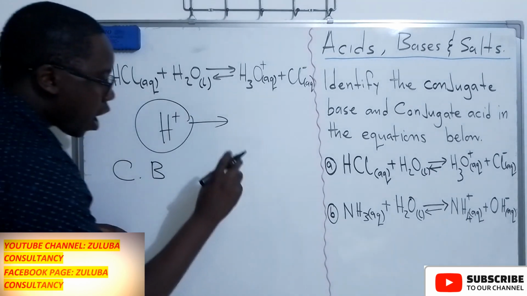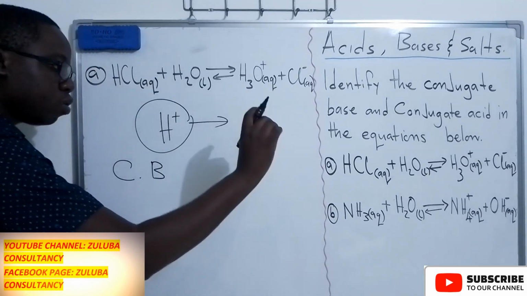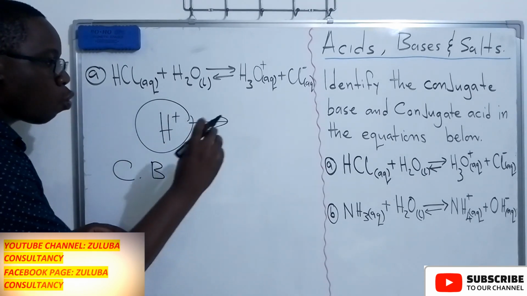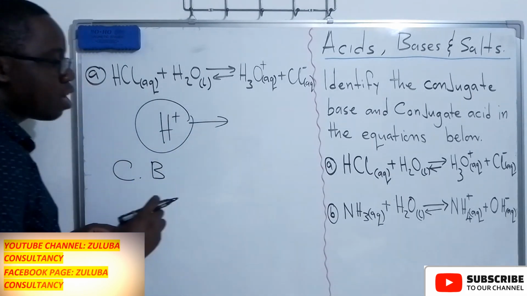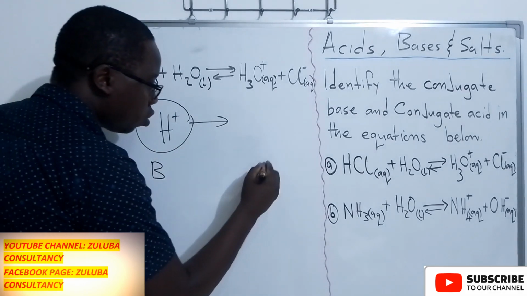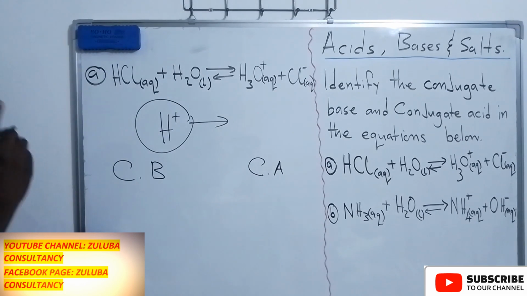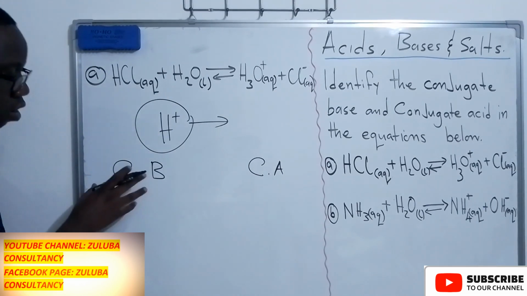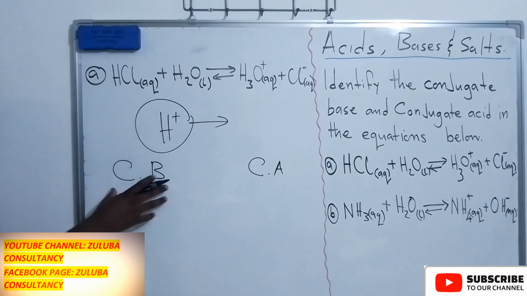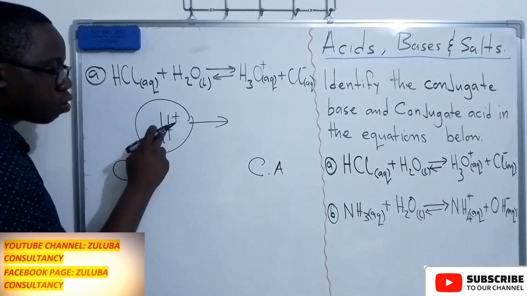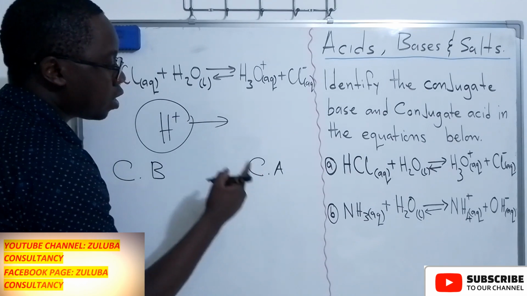Then where the proton goes, that is the attachment the proton makes with a base, that is what we call the conjugate acid. So remember, what remains is the conjugate base. What is formed between a base and a proton is a conjugate acid.